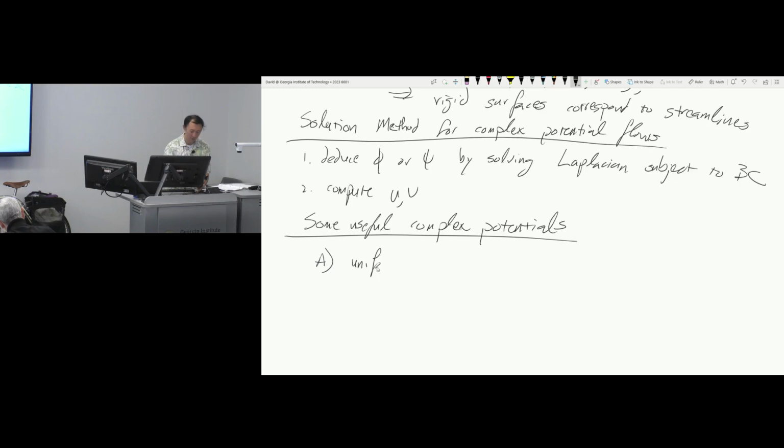So uniform flow. Let's say we have this is x and y, and we got some flow in basically an arbitrary direction like this. Let's say it has a horizontal component u naught and a vertical component v naught.